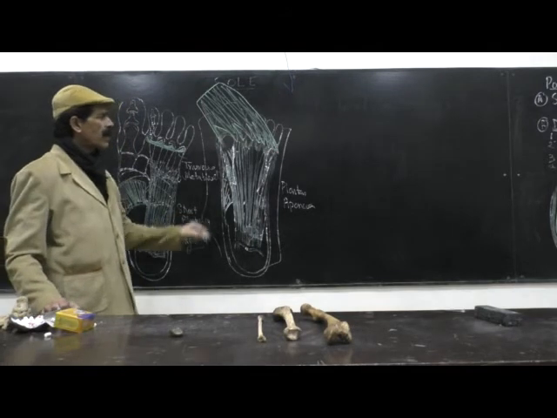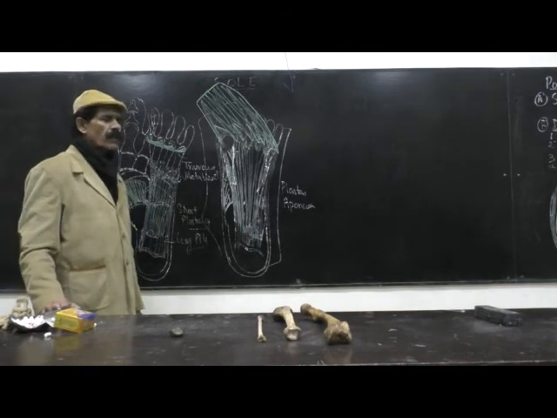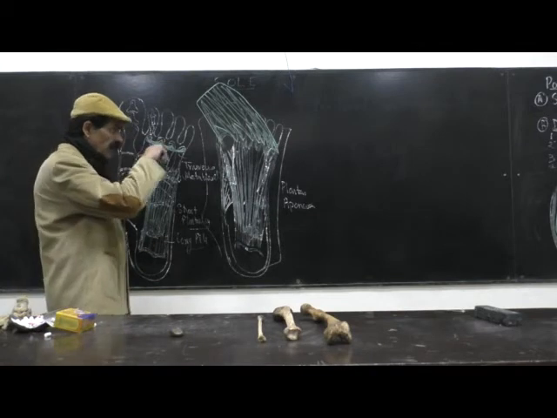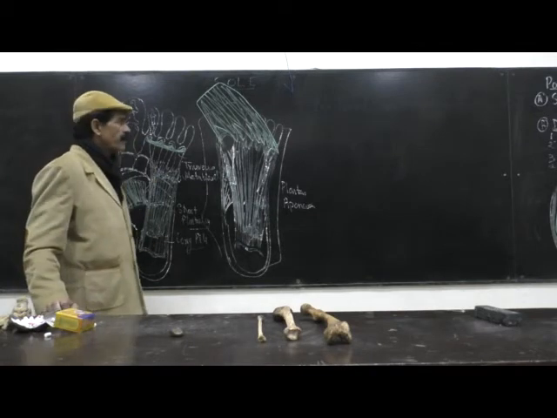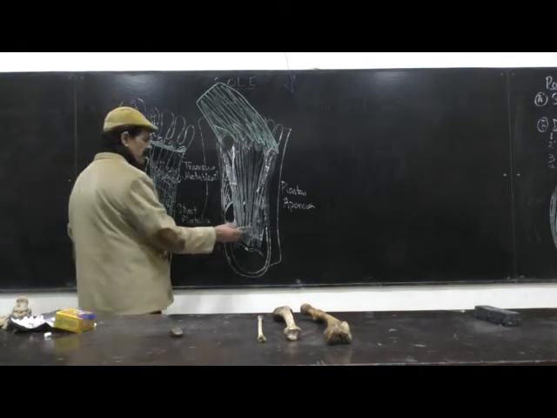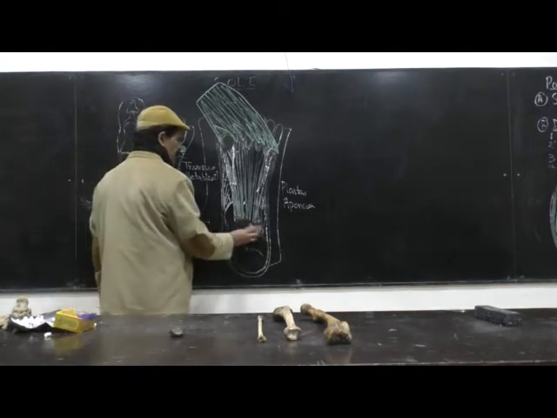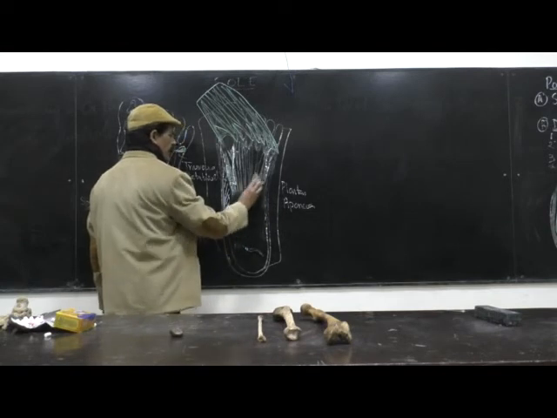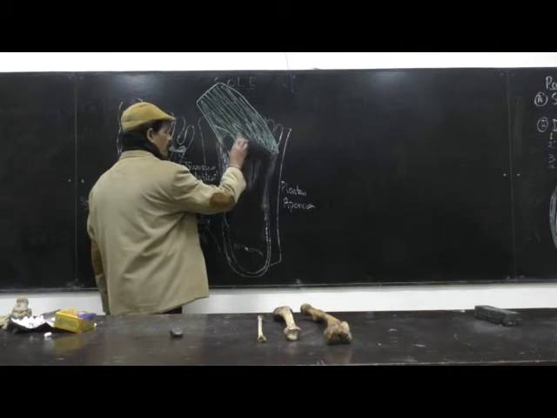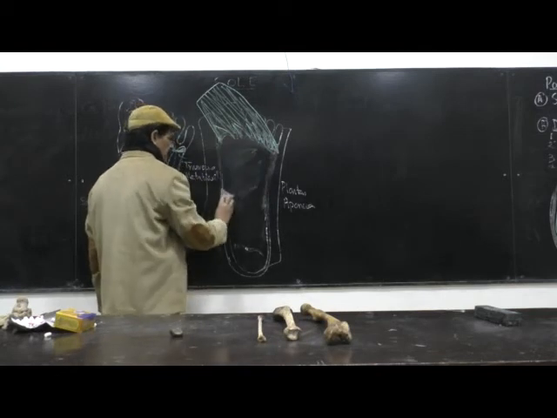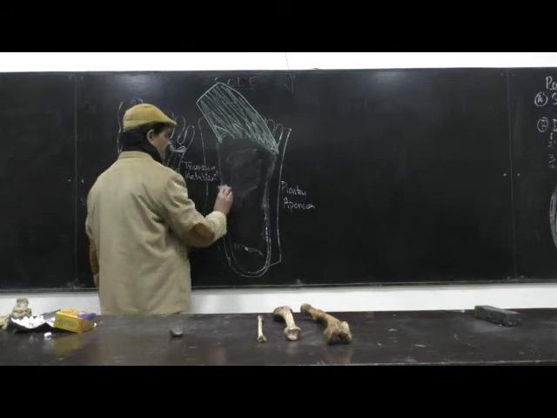That is how they are fused together to form the flexor sheaths along the tendons which are entering into the digits. So when we remove and reflect this plantar aponeurosis, immediately below we see the first layer of the muscles of the sole of the foot.